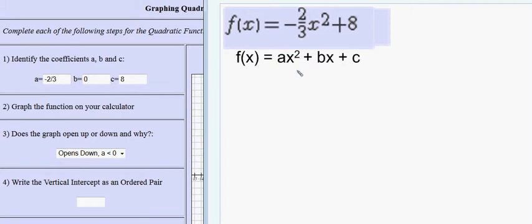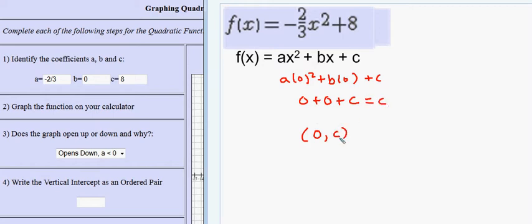And if you plug 0 into x on any quadratic equation, regardless of the values of a, b, and c, you would get out c. 0 squared is 0, 0 times a is 0, b times 0 is 0, and then you're left with the c. The c is the only thing that survives, so we plugged in 0, and all of this simplified out to be c. So our vertical intercept is 0, 8, because c here is 8.